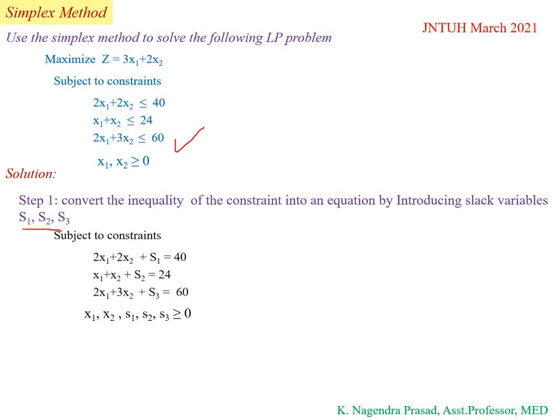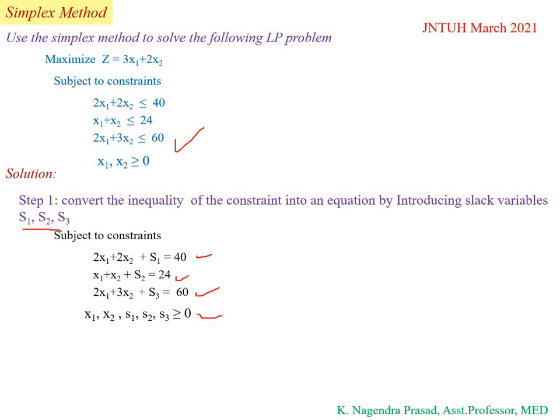Here we are introducing the s1 slack variable in the first constraint, the s2 slack variable in the second constraint and the s3 slack variable in the third constraint. Then our constraint equations are 2x1 plus 2x2 plus s1 equal to 40, x1 plus x2 plus s2 equal to 24, 2x1 plus 3x2 plus s3 equal to 60, and x1, x2, s1, s2, s3 are all greater than or equal to 0.